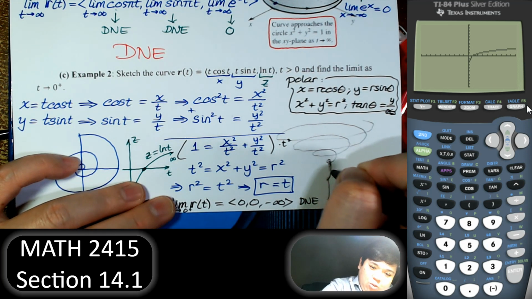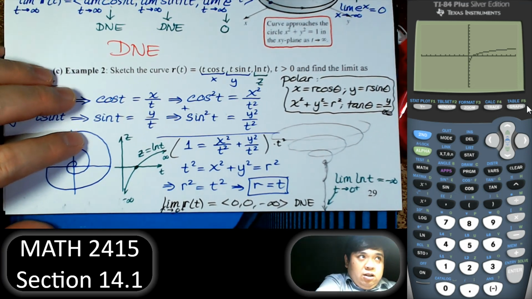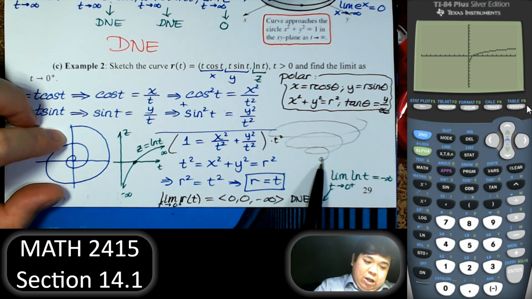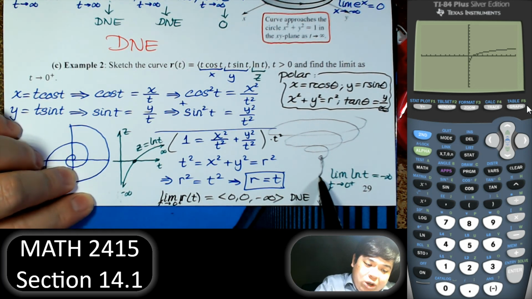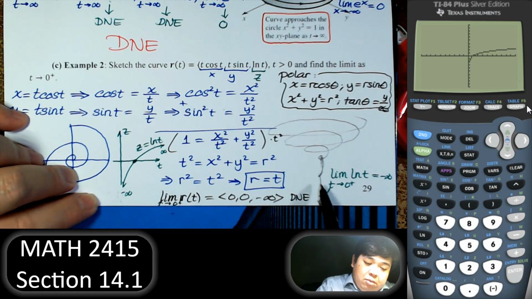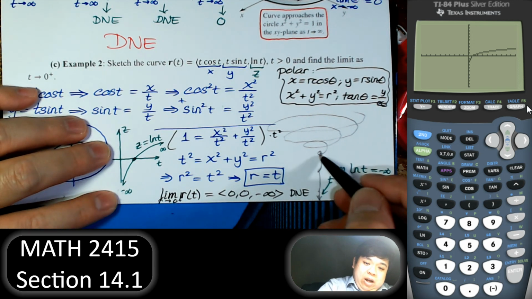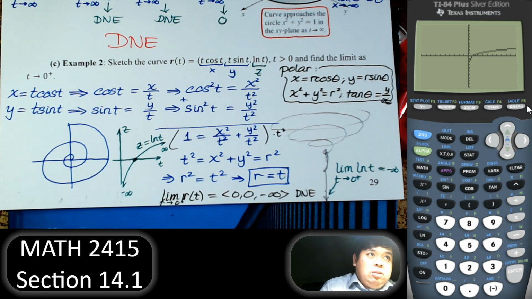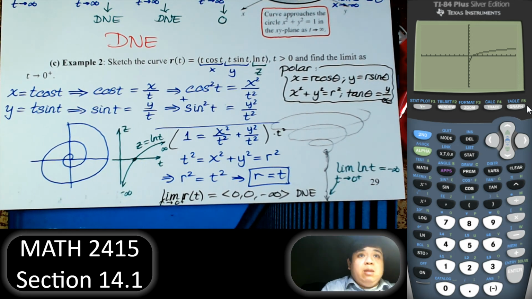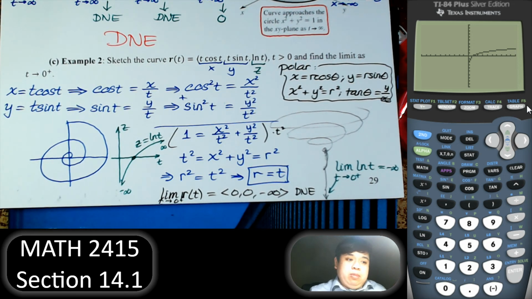It's still swirling around, but very close to the axis. As you see, the spiral radius is equal to t. When t gets very close to 0, it's very close to this axis. But when t gets close to 0, it goes down to negative infinity. So here it goes to that point as t goes to 0 from the right-hand side. But we still say it does not exist because infinity is not really a number.